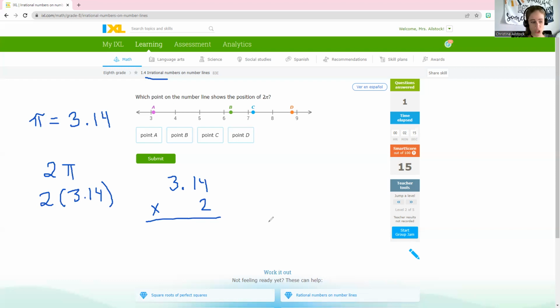You might have another strategy. 2 times 4 is 8. 2 times 1 is 2. 2 times 3 is 6. So our approximate value for 2 pi is 6.28. If we check out our number line here, that would be B, because here's 6, here's 7. B would be approximately 6.28.